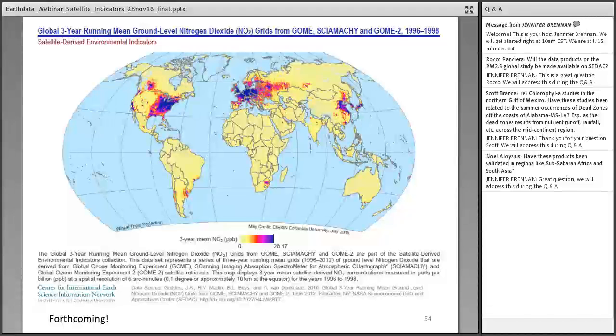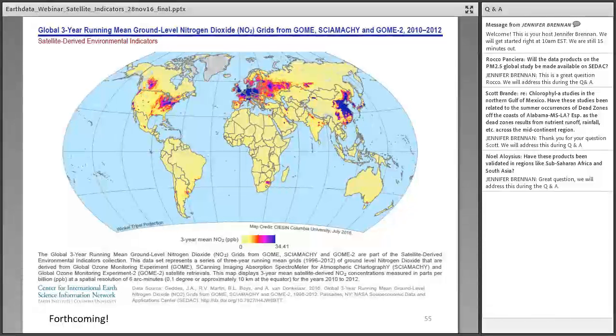In the first time period, you see much of the eastern United States very heavily polluted, much of Europe, and eastern China looks maybe less concentrated in terms of its pollution level. If you look at the latter time period from 2010 to 2012, the U.S. improves, so do parts of Europe, and then China gets much worse.